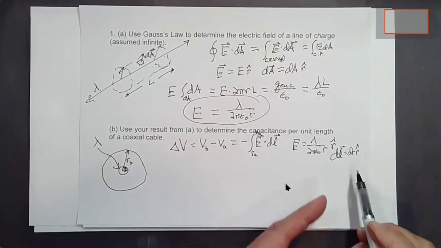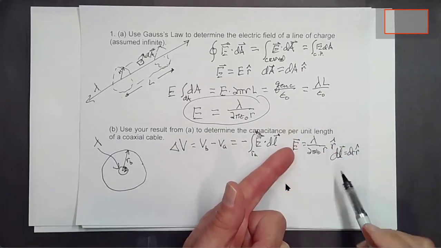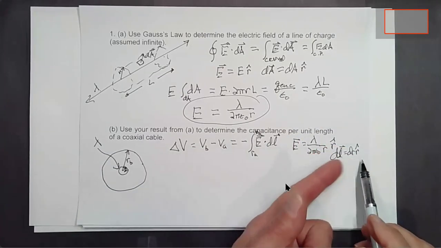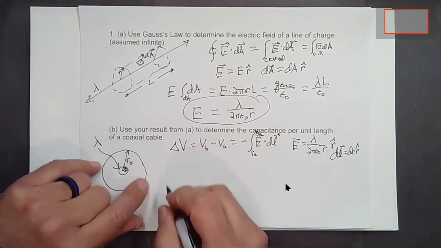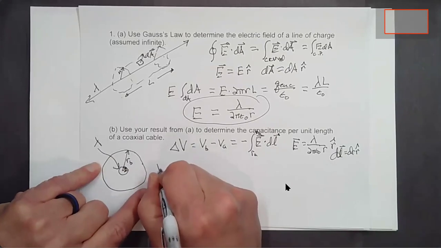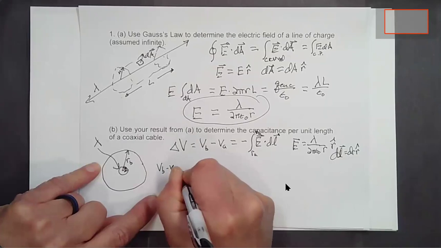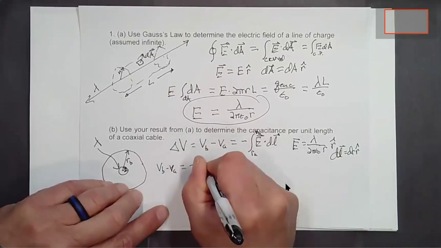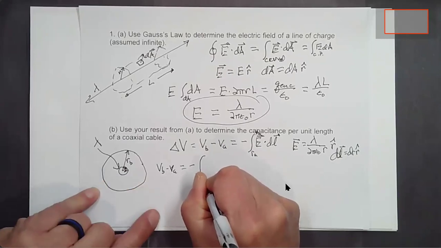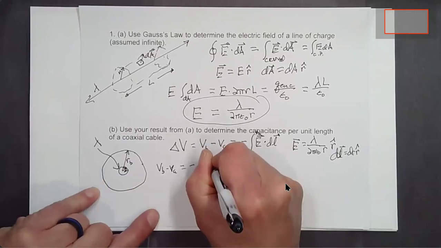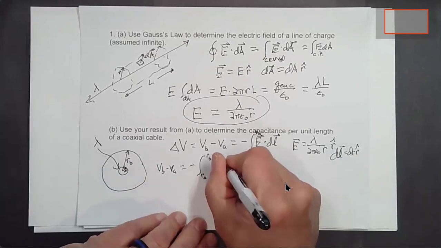But now, if I take a dot product of these two things, same thing happened as earlier. I'll have r hat dot r hat, which is 1, and the rest is going to be scalars. So my delta V, or V_b minus V_a, will equal the negative of the integral from r_a to r_b of lambda over 2 pi epsilon naught r.